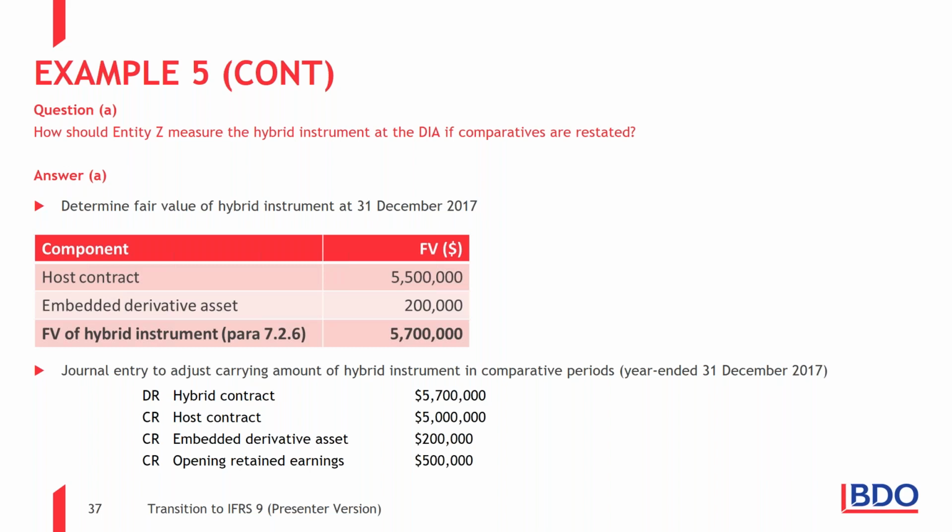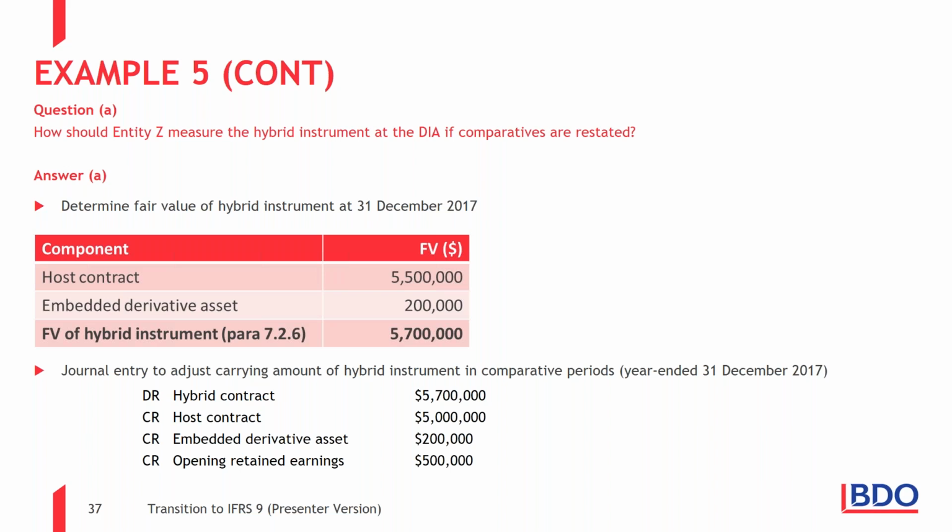Therefore, the fair value of the hybrid instrument on 31 December in totality was 5.7. And because we've decided to restate comparatives, it's important for us to make sure that our hybrid contract in our 31 December 2017 column is now reflected at 5.7 million.